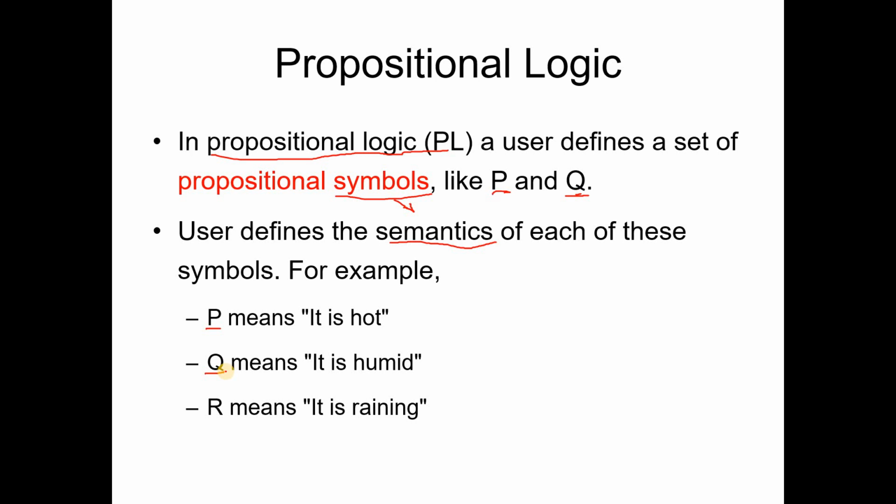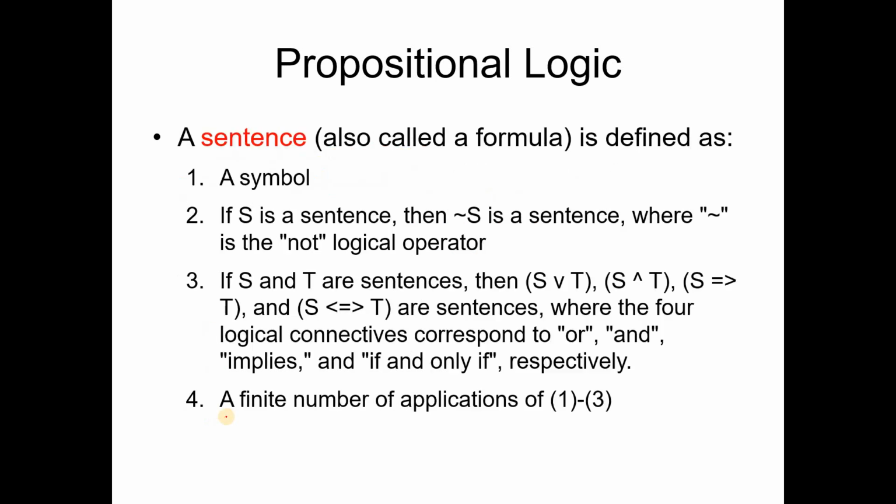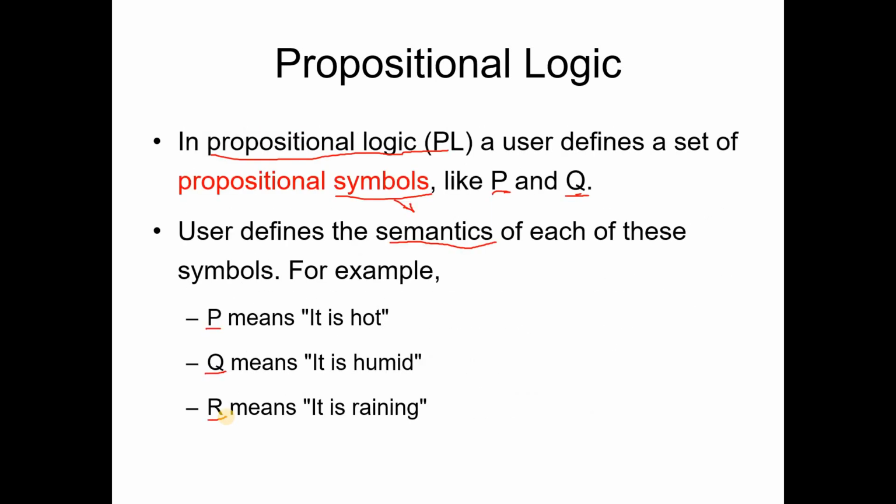For example, in any port city, Muscat, Sohar, in the summer, you will feel more sweating as compared to dry areas. R is another symbol, which we define to mean it is raining. So these are the three symbols we define.